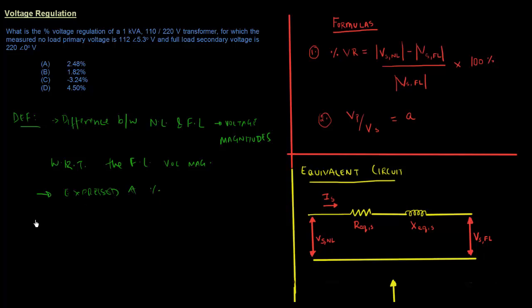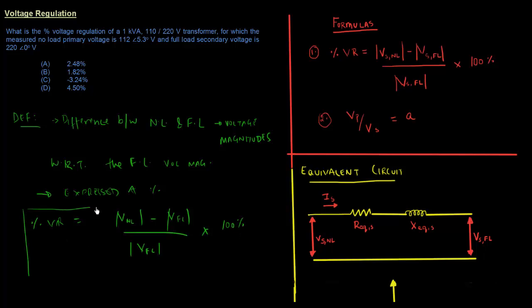So percent voltage regulation is no load minus full load, with respect to the full load voltage magnitude, expressed as a percentage.